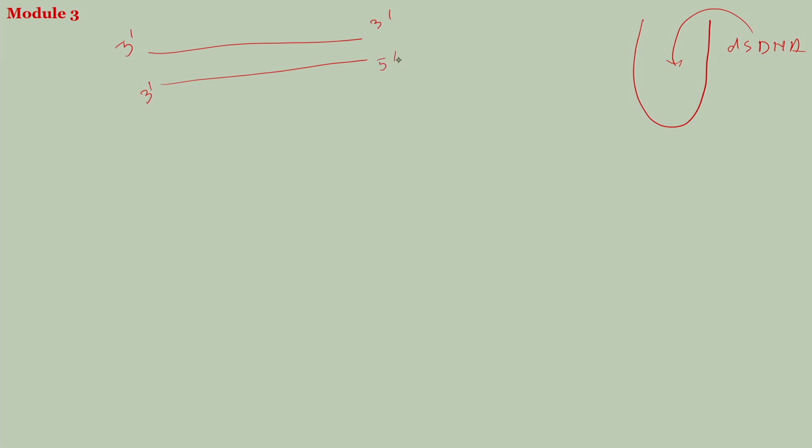So, let us say this is your test tube and you put first your double stranded target DNA. This is your double stranded DNA, 5 prime to 3 prime, 3 prime to 5 prime. All the hydrogen bonds are there.